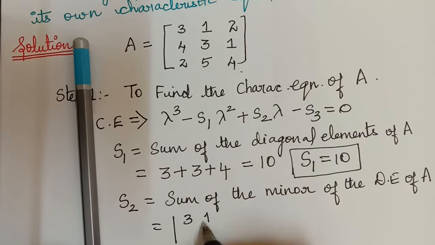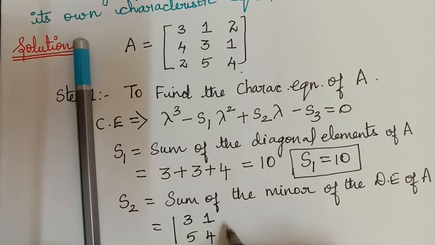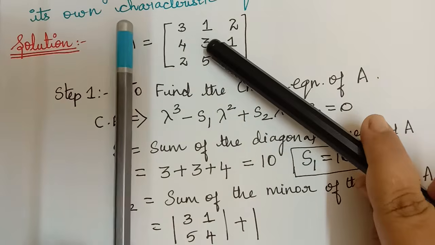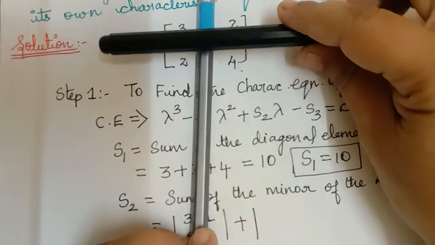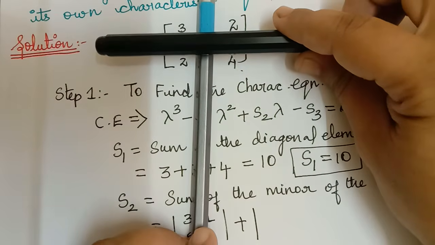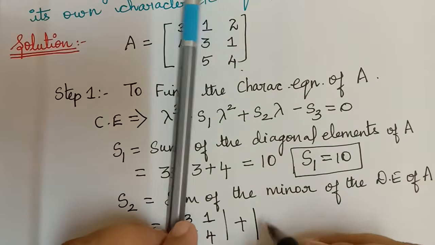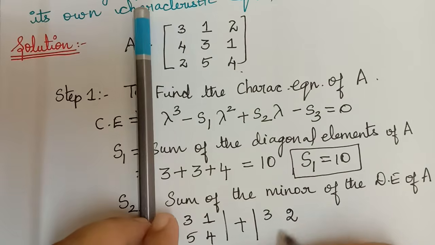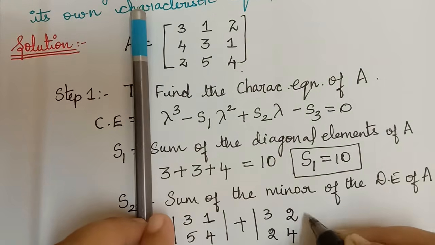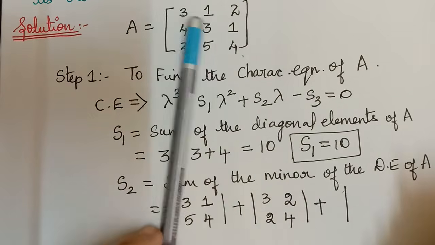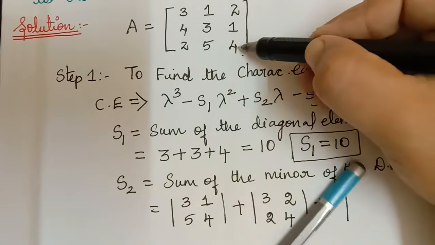Plus the minor of the diagonal element 3, which will be the determinant of 3, 2, 2, 4. Then plus the determinant value of the minor of the diagonal element 4.